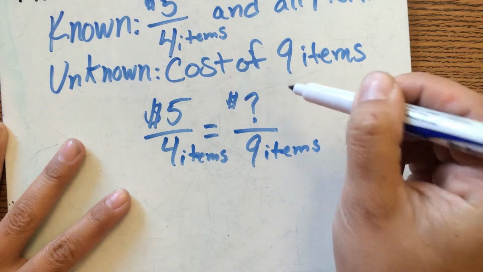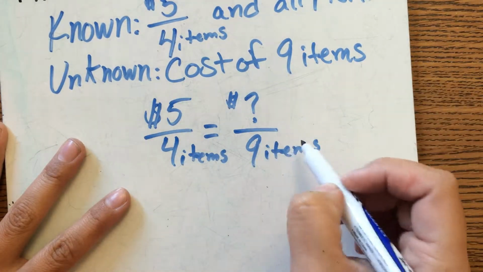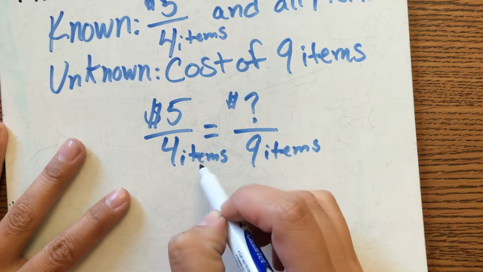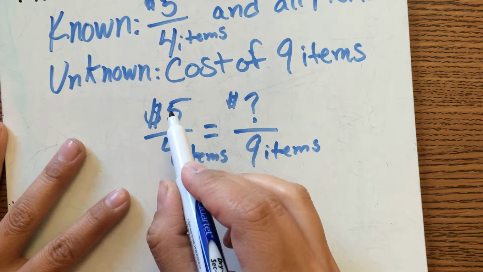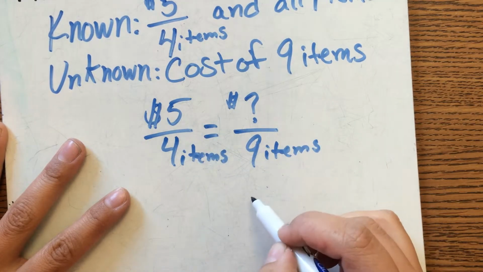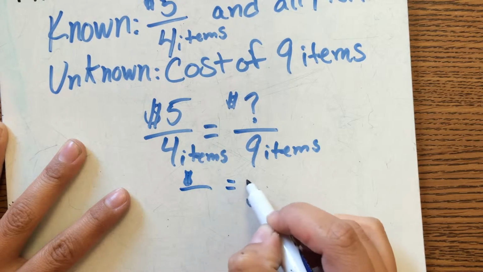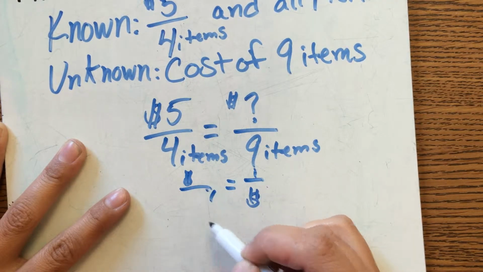It's very important when you're writing this ratio relationship that you keep items in the denominator and dollars in the numerator. Or you could also do it the other way, just to make sure you don't end up with dollars on one side and items on the other side, right?